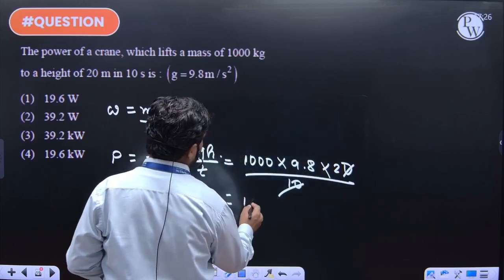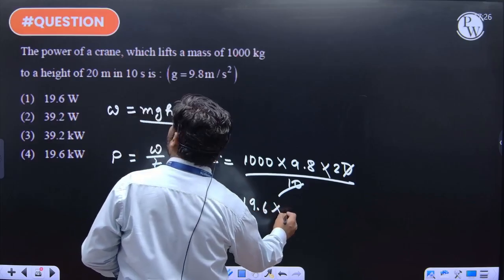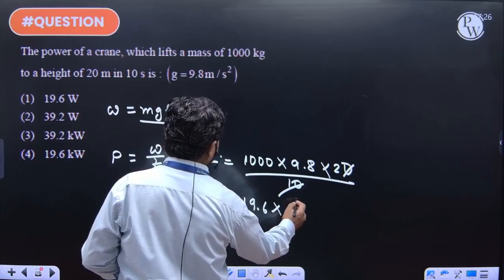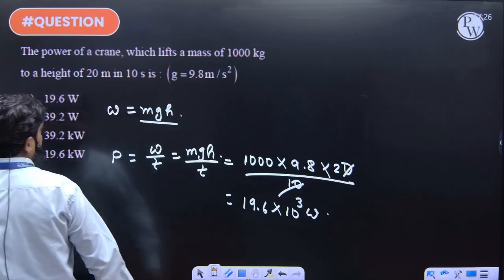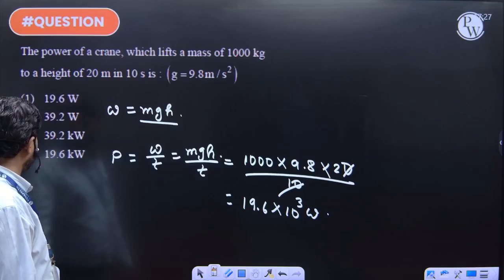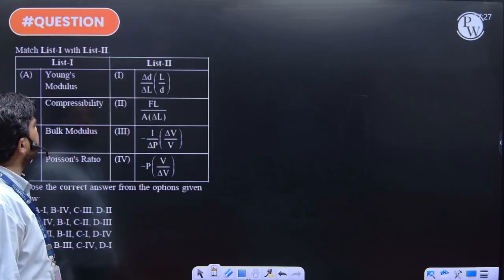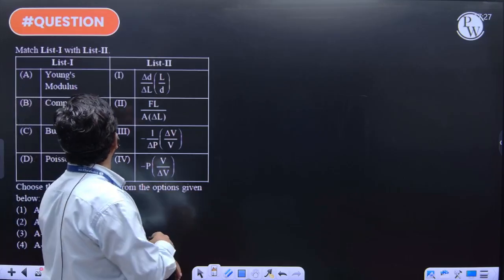How much are you getting? 19.6 into 10 to the power 3 watt. So which one is the correct one? Option number 4, 19.6 kilowatt, right?